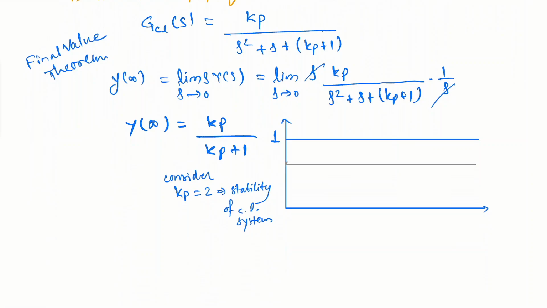So this is what we gave, and the system settles down to this value. This is called the steady state error.